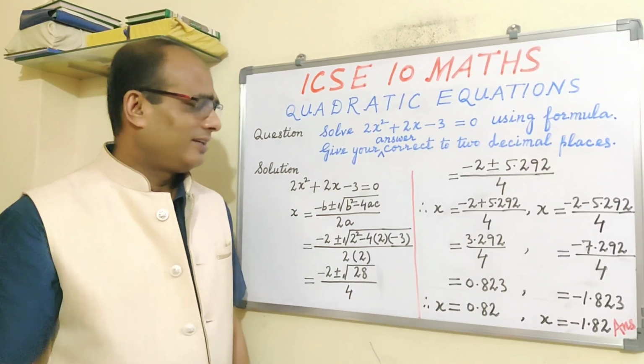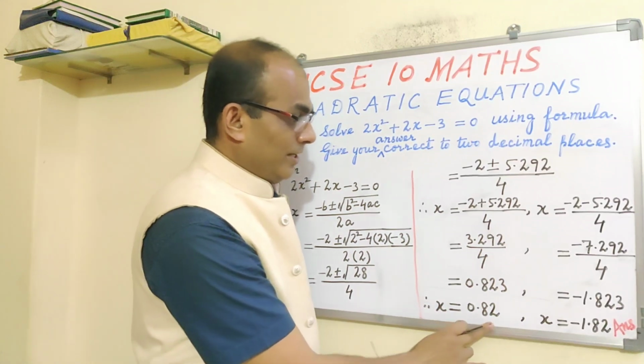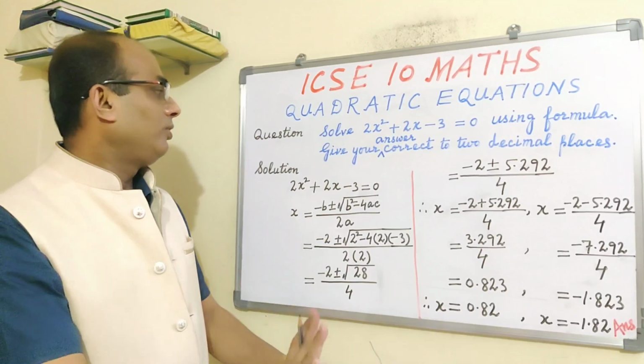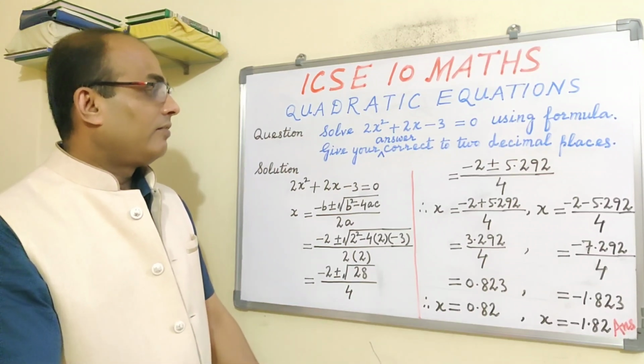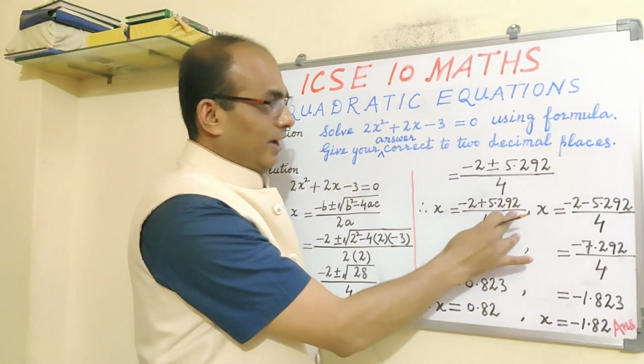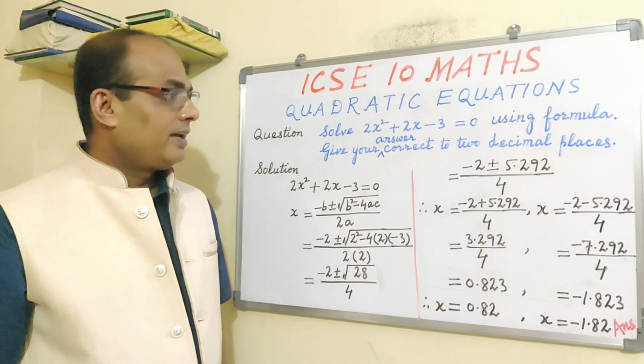It's okay, fine. Okay then, so our answer is x is equal to 0.82 and x is equal to minus 1.82. This is the answer, and we are getting full marks, full 3 marks. One for correct substitution, one for finding out the square root up to 3 decimal places, and one for the answer. Is that fine?